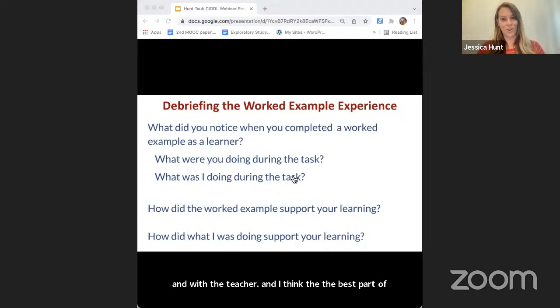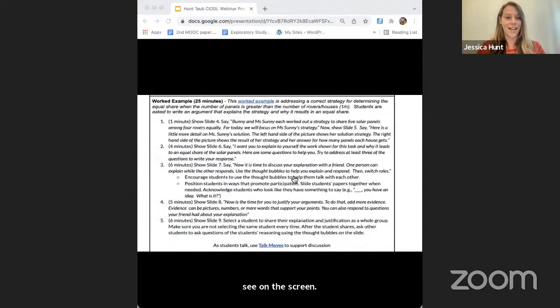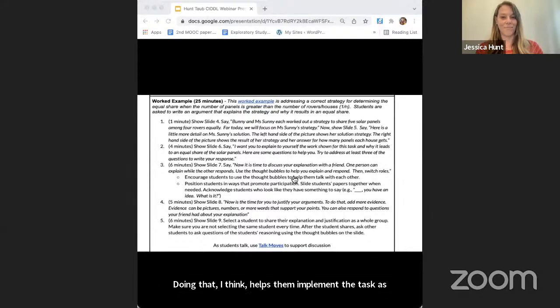So teachers were in the role of students, then they step out and reflect using a lot of the questions that you see on the screen. Doing that, I think, helps them implement the task as it's intended, which is shown, this is another part of our teacher materials. So having that experience really helps them understand the intent behind what you see in that teacher guide.